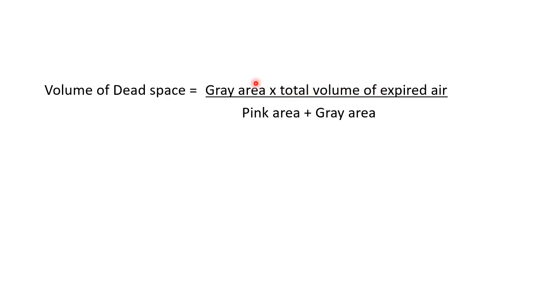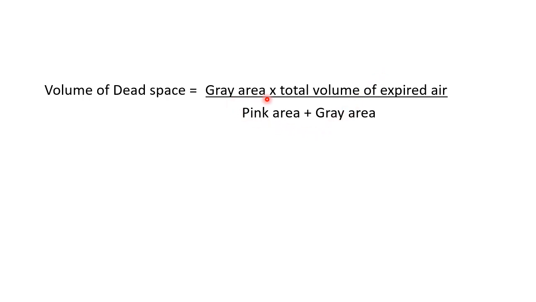multiplied by the total volume of expired air. So this is in percentage. Okay? So percentage occupied by the gray area multiplied by the total volume of expired air. And the total volume of expired air is the entire space of the graph.